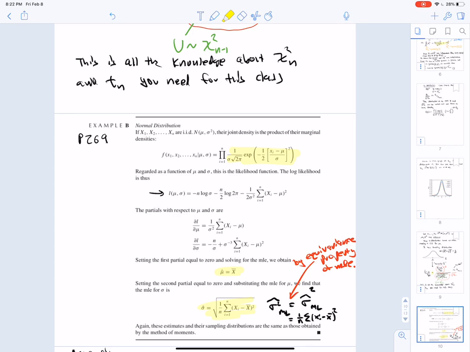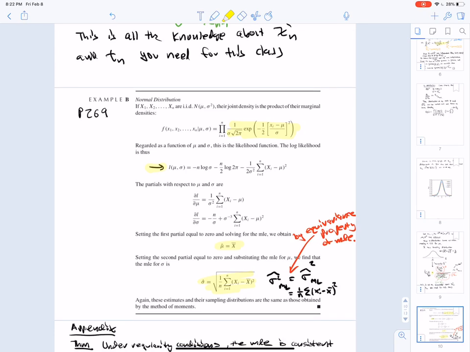Then here I'm writing the log likelihood, and then I take the partial derivatives and set them equal to 0, and if you solve them, it's no big surprise the MLE for the population mean is the sample mean, and you get that the MLE for the standard deviation is the square root of 1 over n sum of xi minus x bar quantity squared.